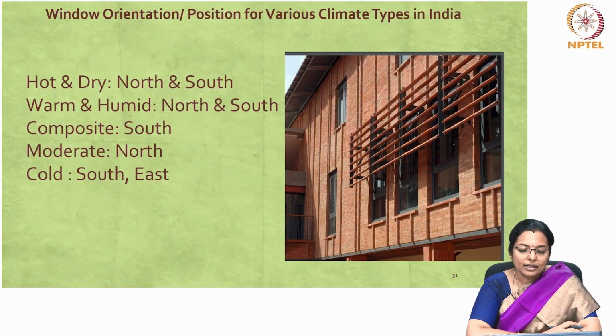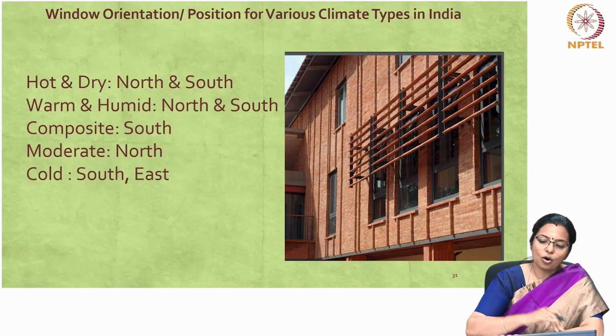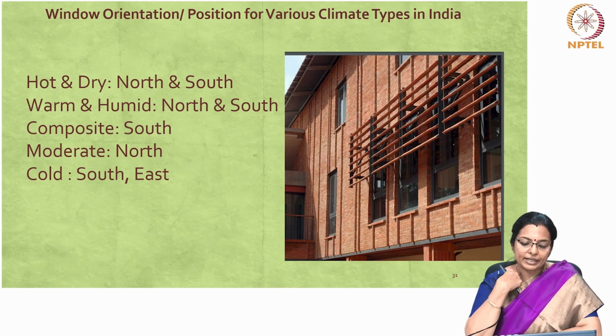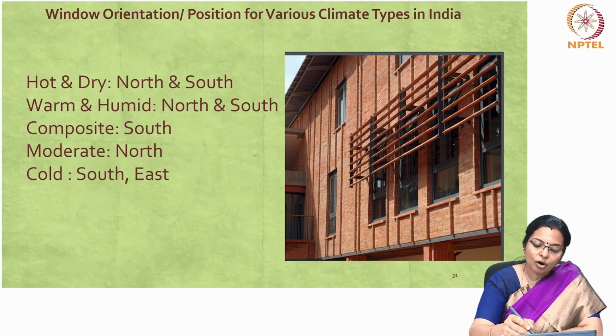Then let us look at the window orientation or position for various climate types in India, and we will look at the hot and dry, warm and humid, composite, moderate and cold. So, in hot and dry, the best window position is the north and south orientation.